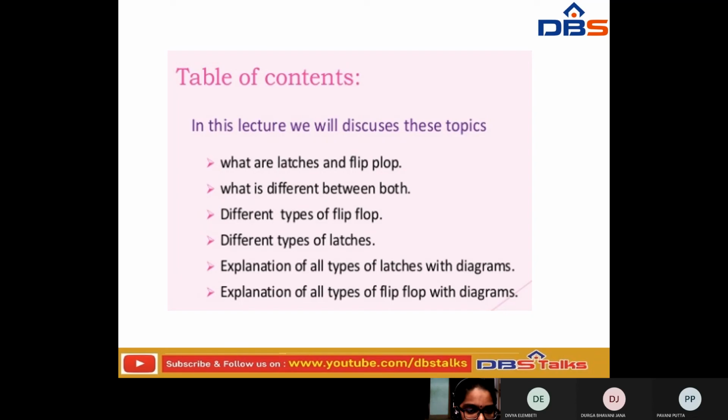What are the different types of flip-flops? And next, what are the different types of latches? And now, explanation of all types of latches with diagrams. And next, explanation of all types of flip-flops with diagrams.